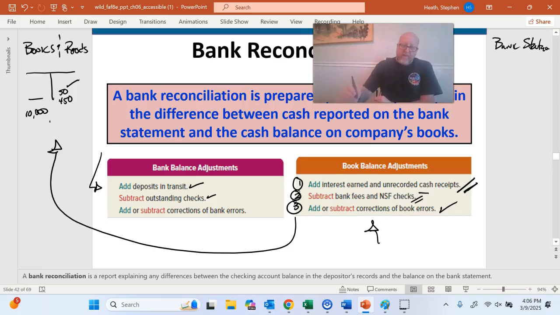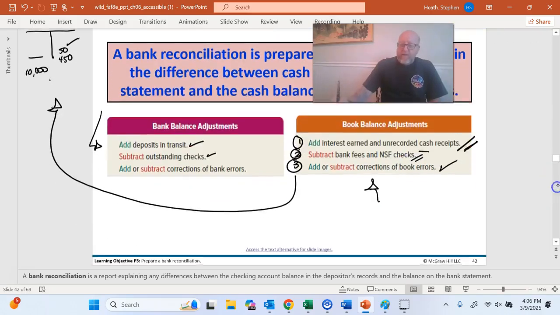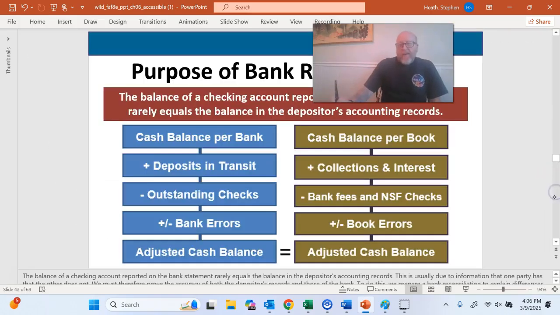This is a great slide. I would just be very familiar with this slide when you're working through the rest of this portion of the chapter. And I think in fact, this is a good slide as well, right? Again, we're dealing with the bank statement, cash balance per the bank.